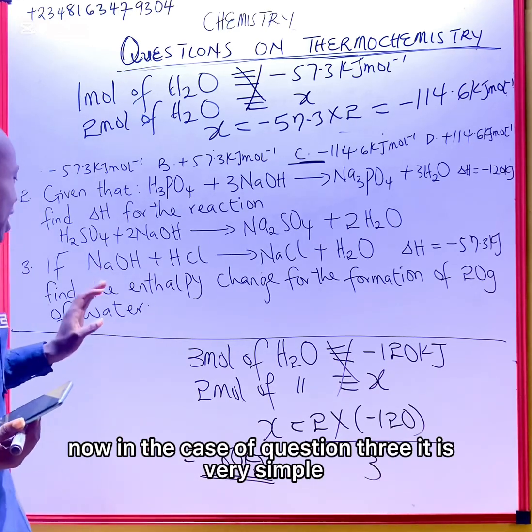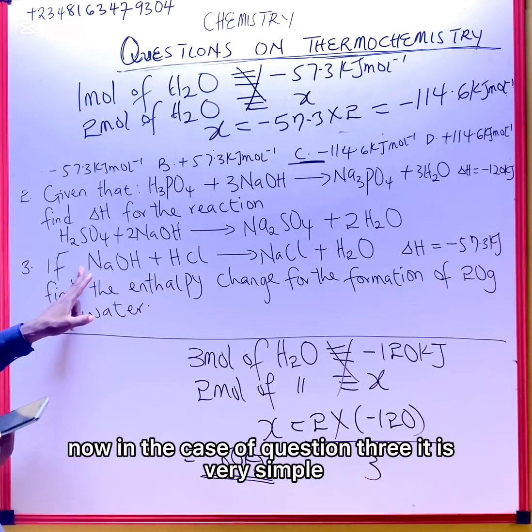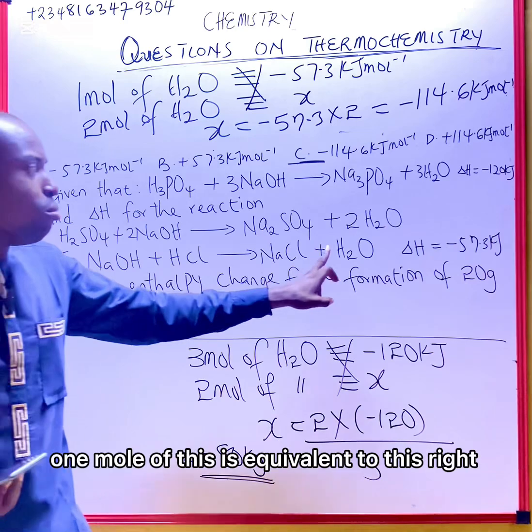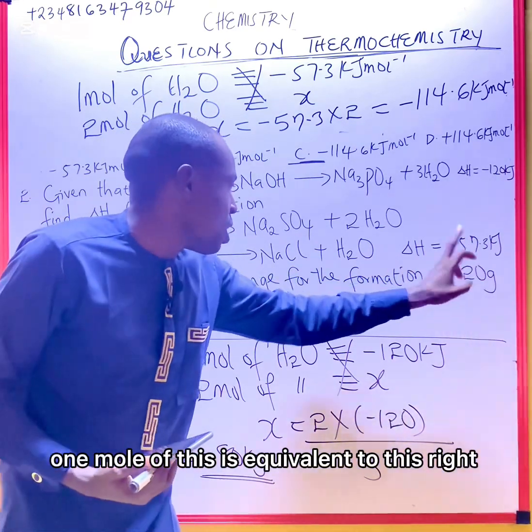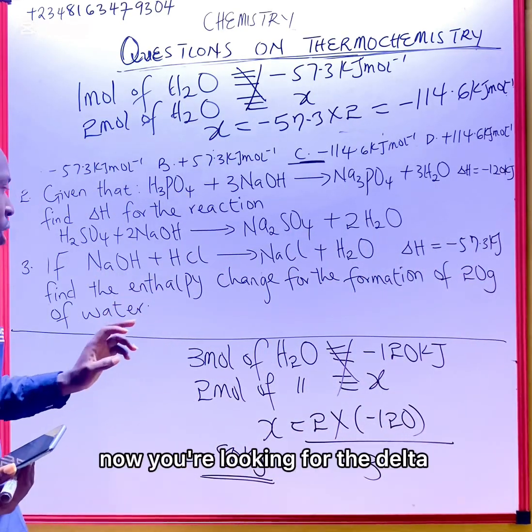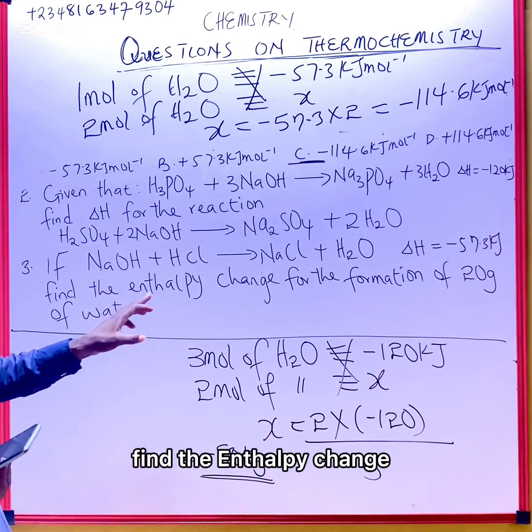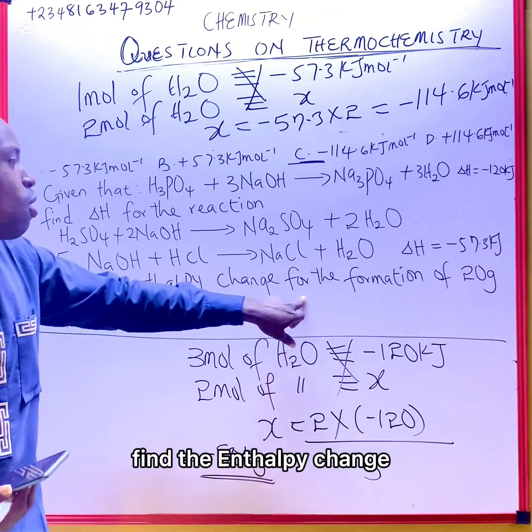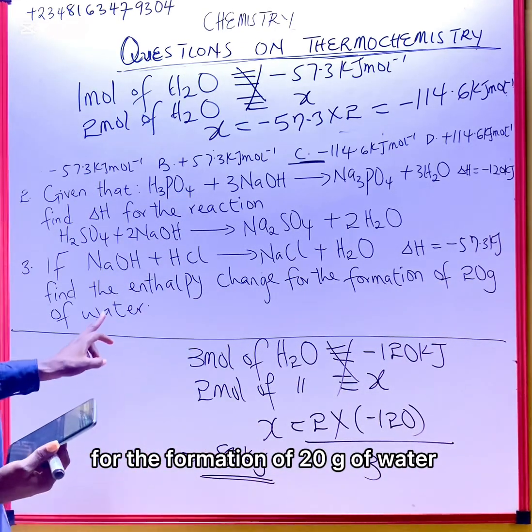Exactly. Now, in the case of question 3, it is very simple. 1 mole of this is equivalent to this. Now you're looking for the enthalpy change for the formation of 20 grams of water.